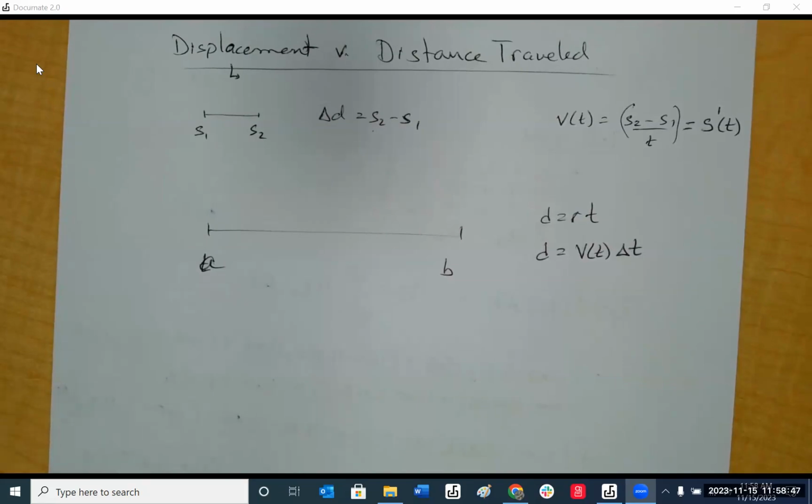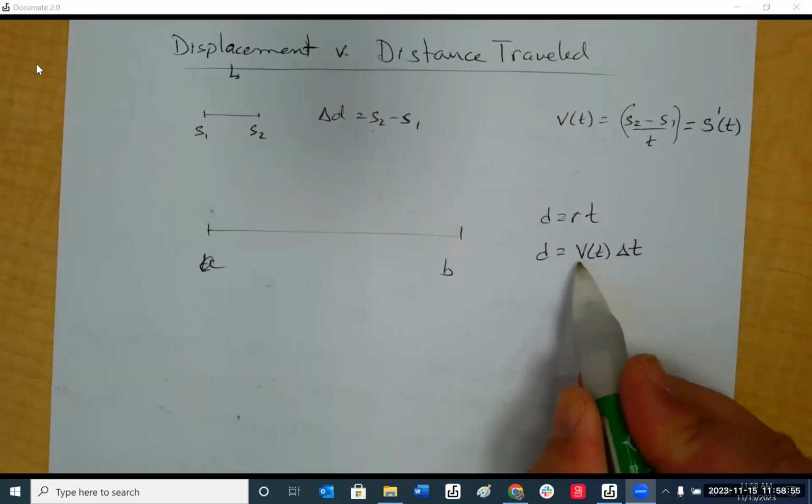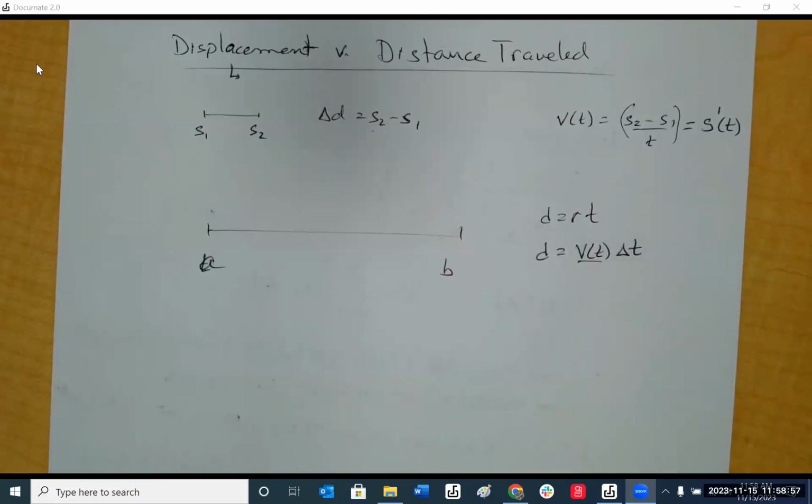Because distance traveled is just that: how far does something travel? It doesn't take into consideration any changes of velocity or anything. Now with displacement, we can take into consideration change in velocity.